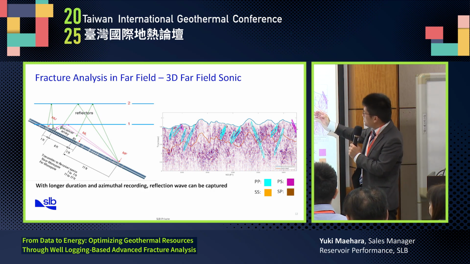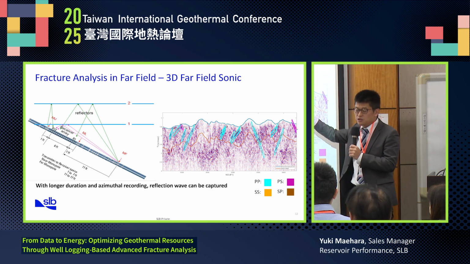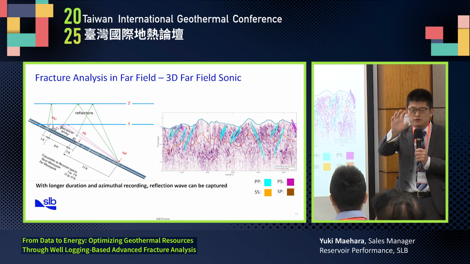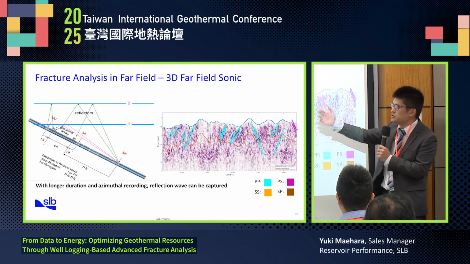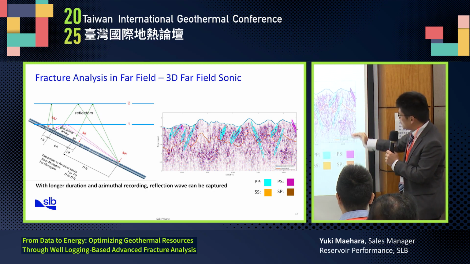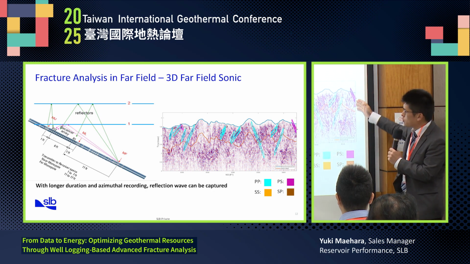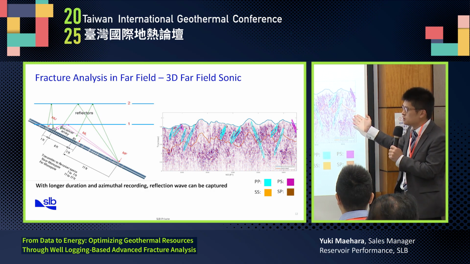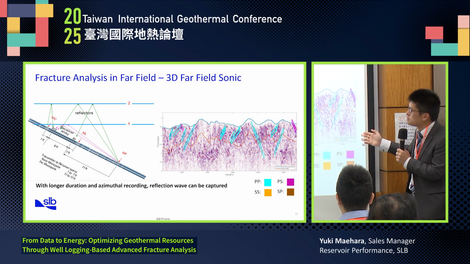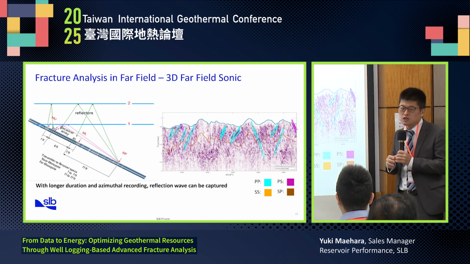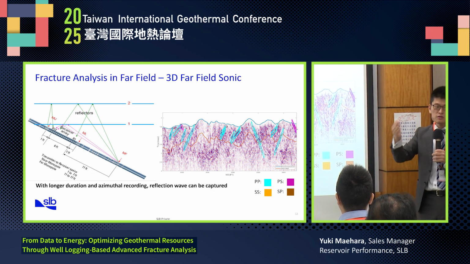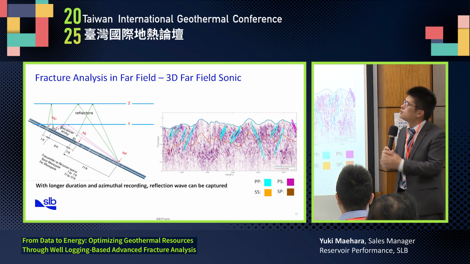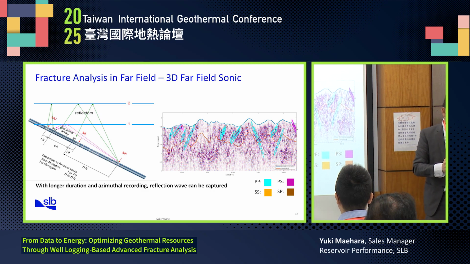So with this measurement of the reflection events, we can map out where the fractures are, even in the far field. The depth of investigation is actually far, big compared to conventional logging, up to 50 meters from the wellbore. That is amazingly achievable by having this 3D far-field sonic.